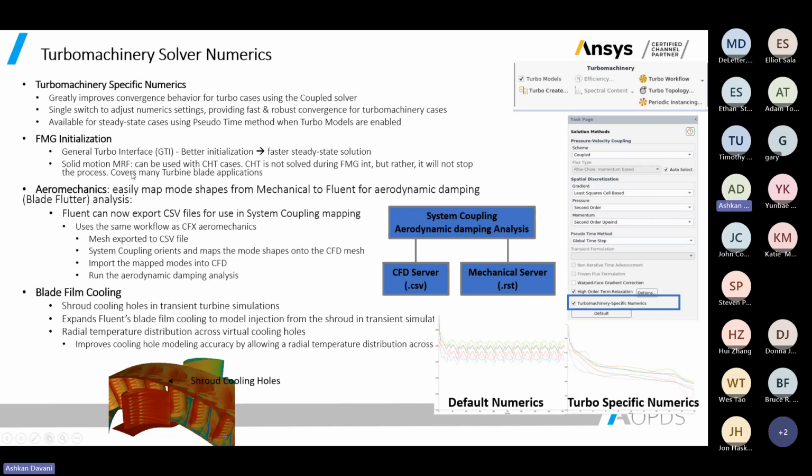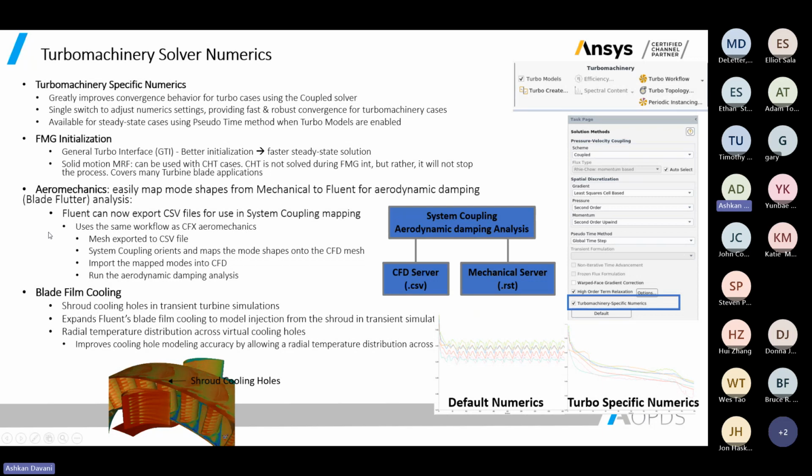Solid motion mesh reference frame can now be used with conjugate heat transfer cases for turbo machinery as well. The conjugate heat transfer is not solved during the FMG initialization, but it will not stop the process. So overall it increases the speed of the simulation, and we're going to have better overall convergence.